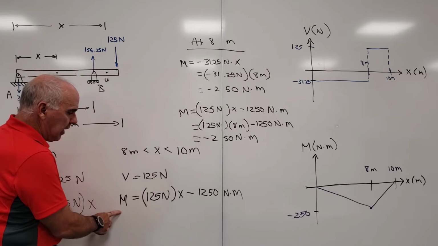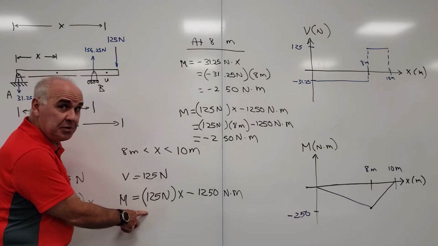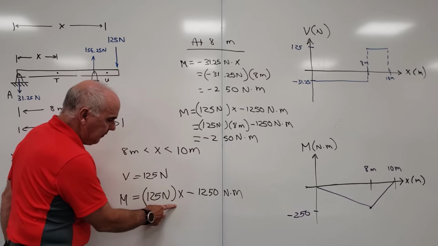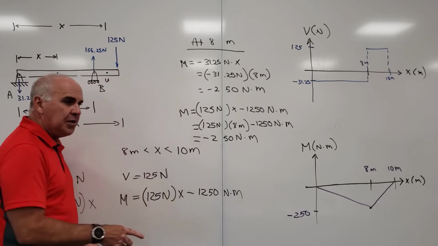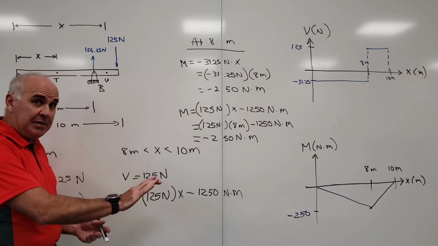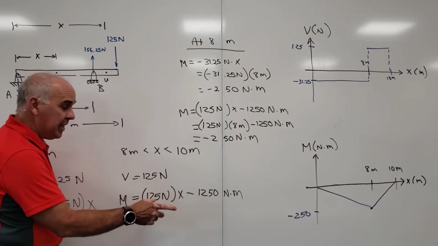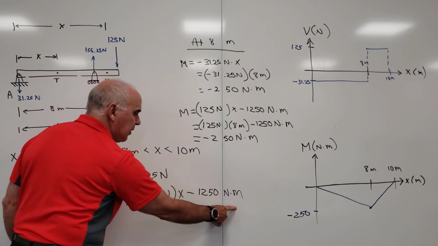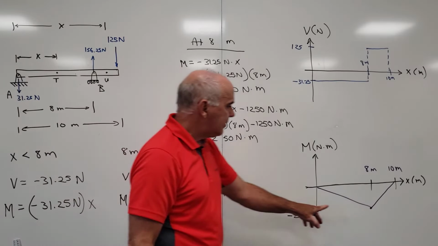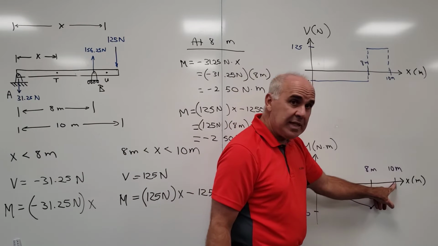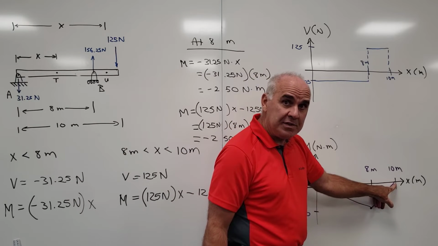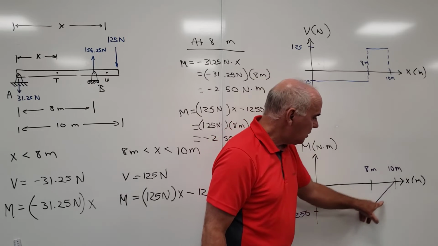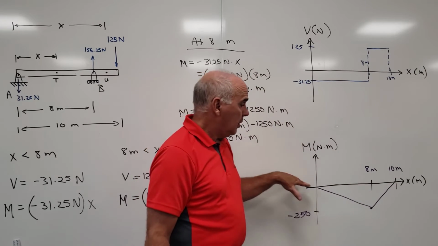But when I go with the next equation between 8 and 10 meters, 125 newtons times x minus 1250, that's going to be a positive slope. And when I go to 10 meters, I get 1250 minus 1250, which is 0. And so it slopes up to the 10 meter mark where it goes back to 0. But the function is continuous.